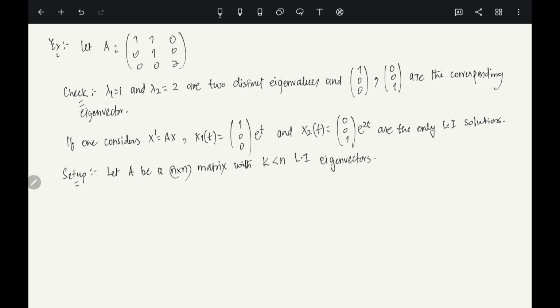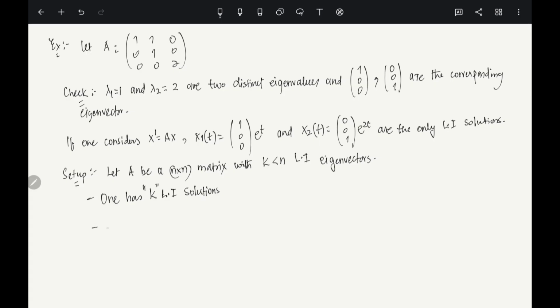Of course, let us remind ourselves, one has k linearly independent solutions of the form e to the power lambda t times v. So there are k linearly independent solutions.